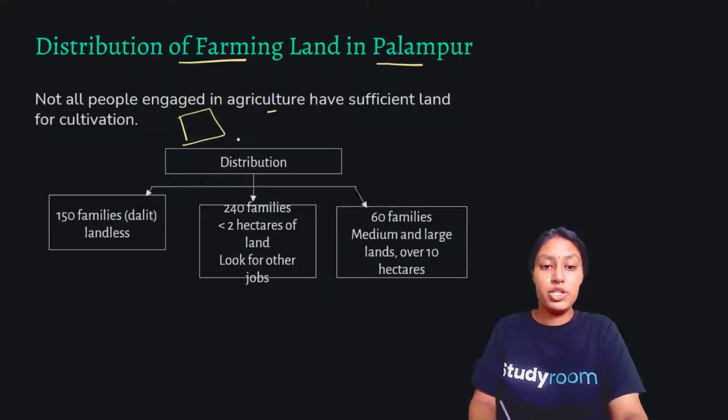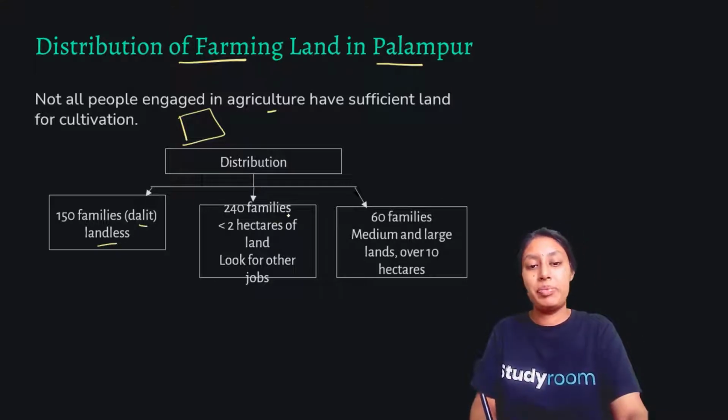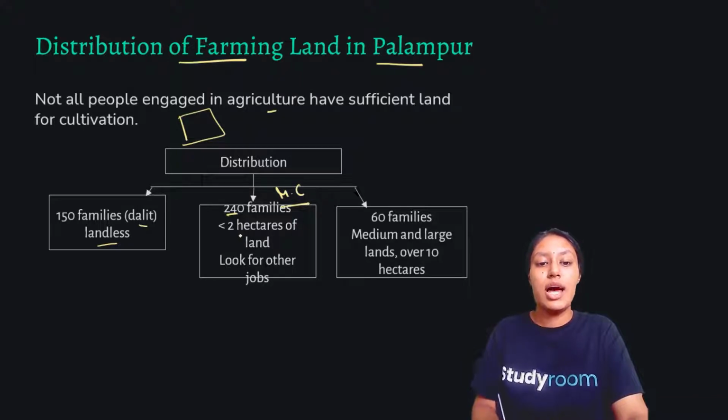Majorly land is distributed in three forms. First is 150 Dalit families, which do not have land. They are landless farmers. They work on other people's land. Second, 240 families. These are what you can call middle class people, which have more than 2 hectares of land, and they are looking for other jobs as well.